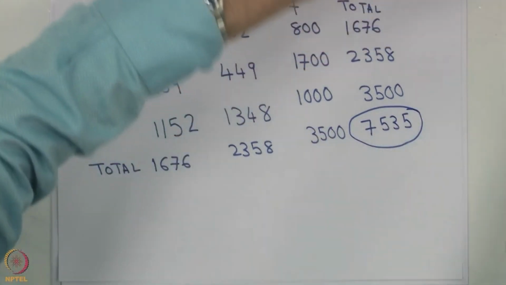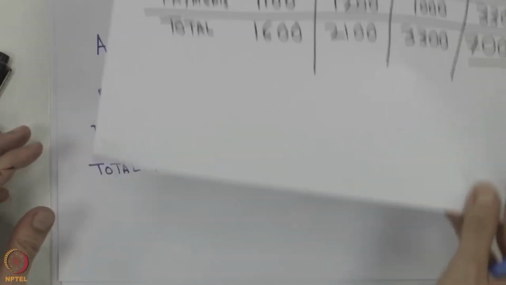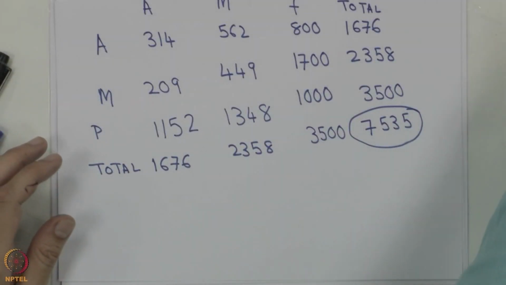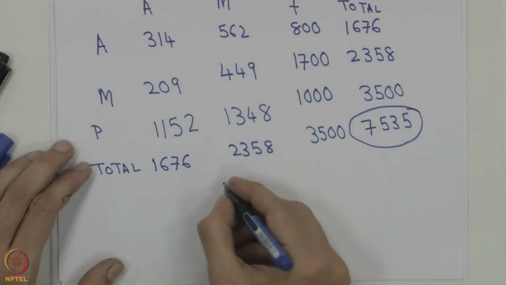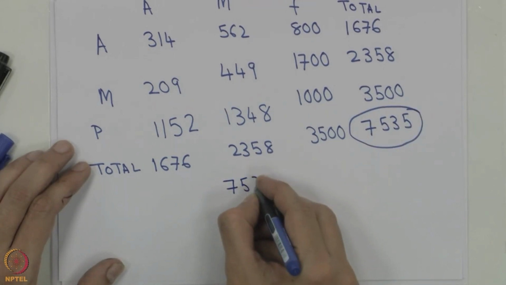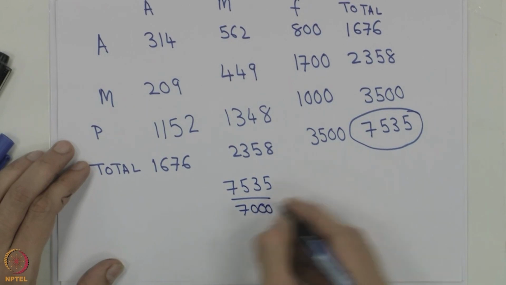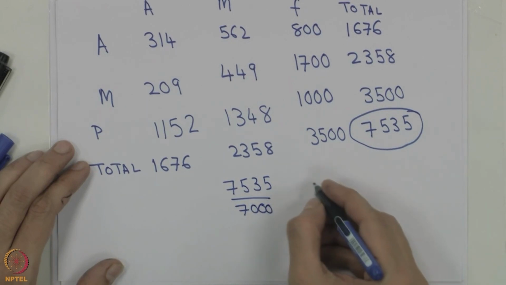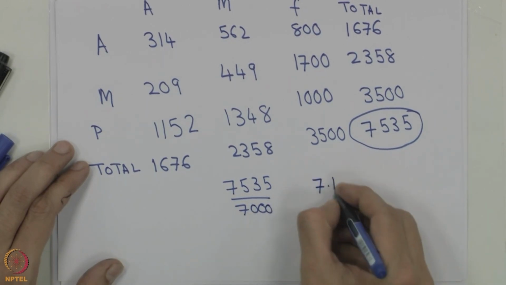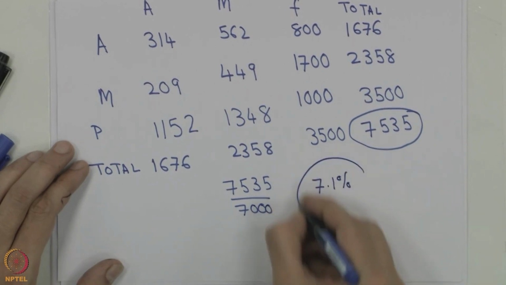Remember, if we now compare this with the original value that we had, this was 7000, as compared to 7000 we've got 7535. So, if you see the growth, this is 7535 by 7000, and that comes out to be, the growth rate is 7.1%.